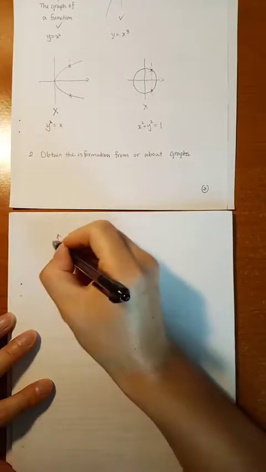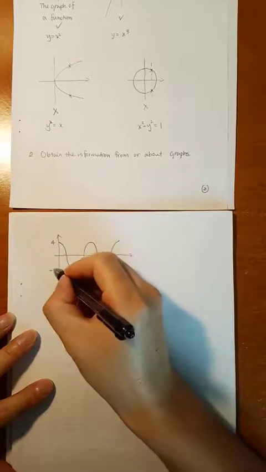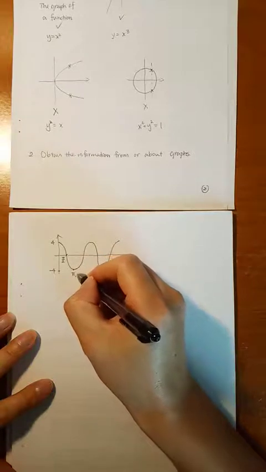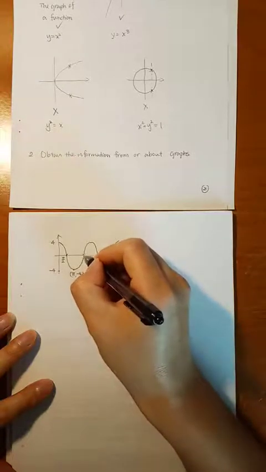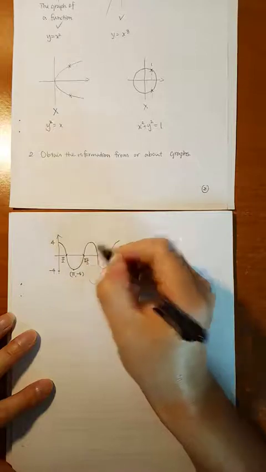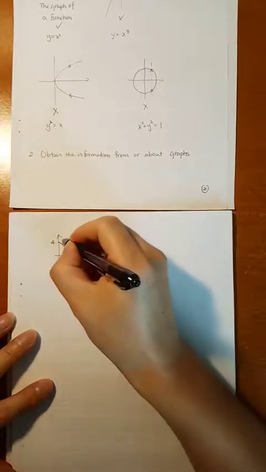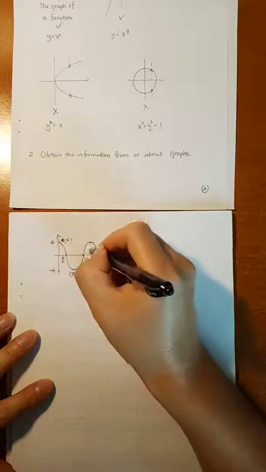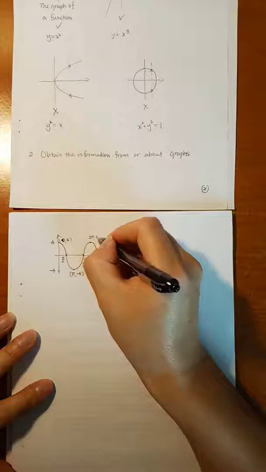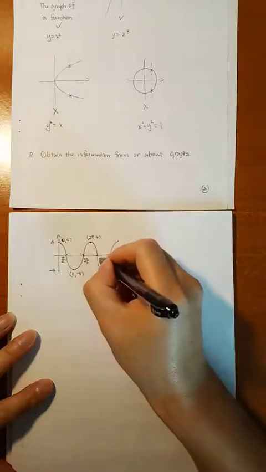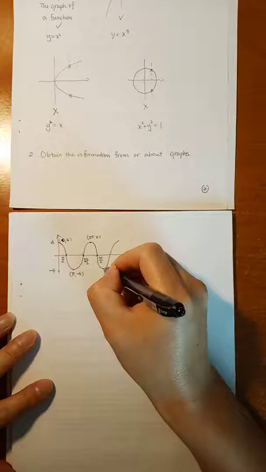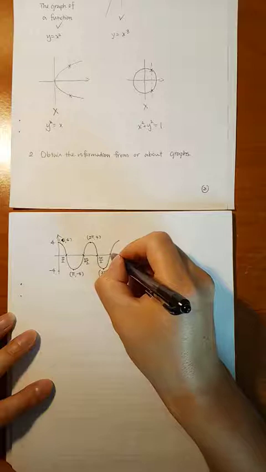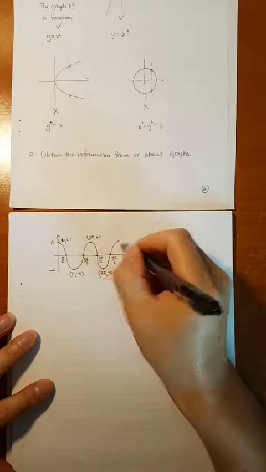Okay, so this is 4, it's negative 4, it's a pi over 2, this is a pi, negative 4, it's 3 pi over 2, here is a 0, 4, 0, 4, this is 2 pi, 4, it's 5 pi over 2, 3 pi, negative 4, and this is 7 pi over 2.